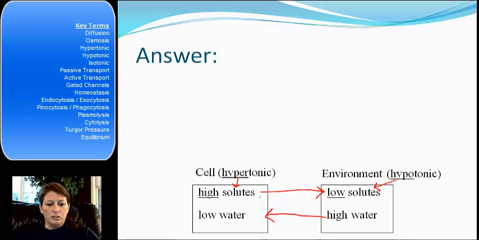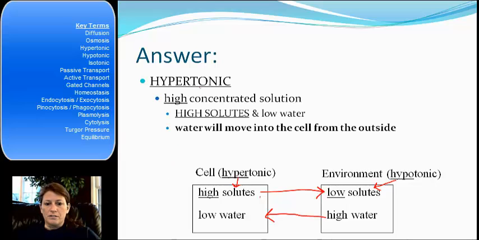So let's take a look, knowing the movement. And this is just written out for you. Hyper, high concentration, high solutes, low water. And the question was, they wanted to know which way will the water move. And this could be one way that it's worded on the test. So in this case, water will move into the cell from the outside.